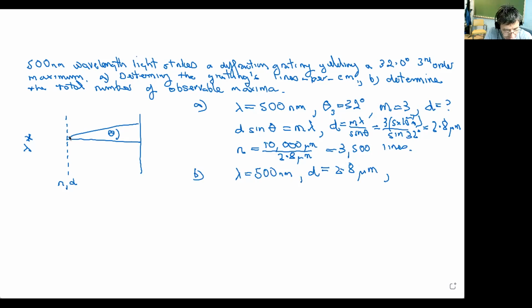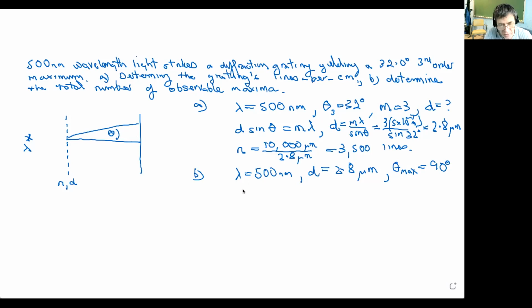The light spreads out from the diffraction grating at an angle theta, and the maximum angle that you can see to is 90 degrees away from this axis. And so I'm just going to write that theta max equals 90 degrees. And so that's the information I know in this part of the problem. And what I'm interested in finding out is how many of these maxima I can see.